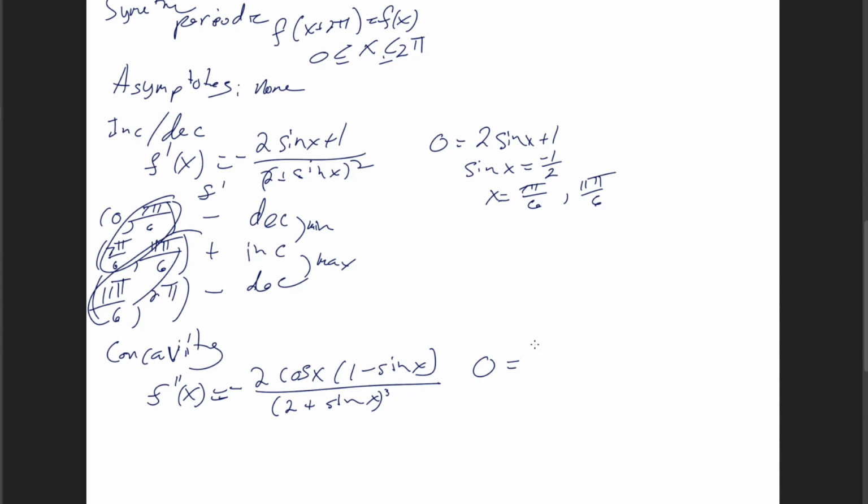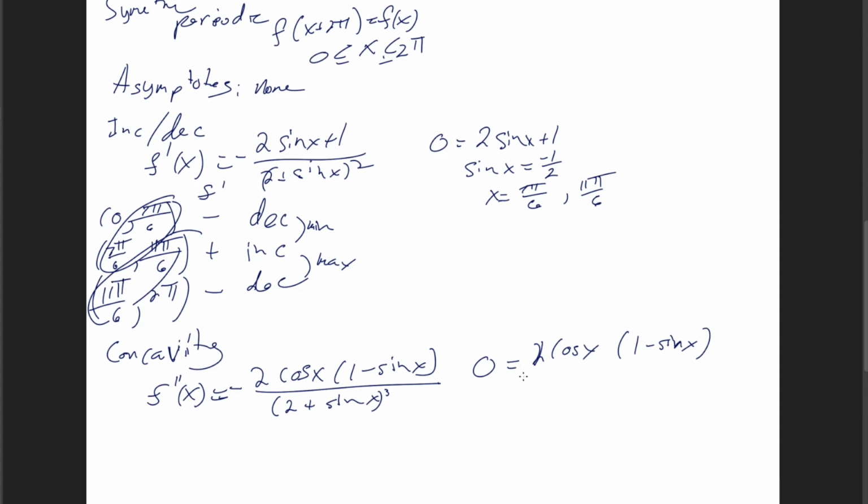So when this top part is 0, it's due at cosine x, 1 minus sine of x. All right. So what points do we have here? We want to know when. So here, we can get rid of the 2.